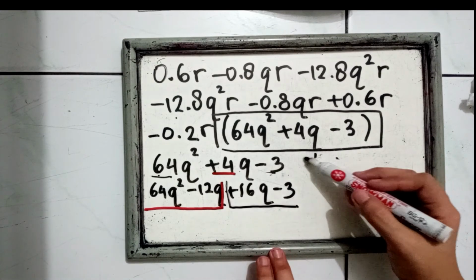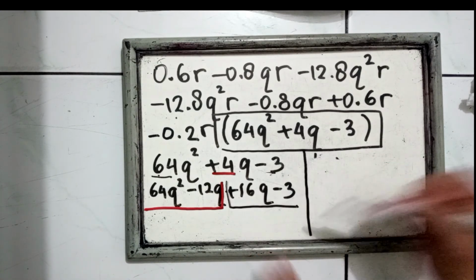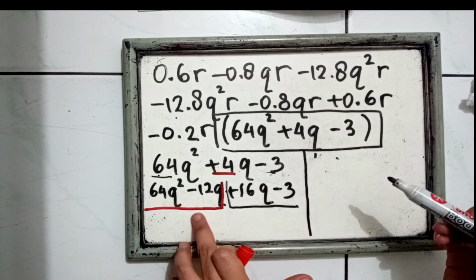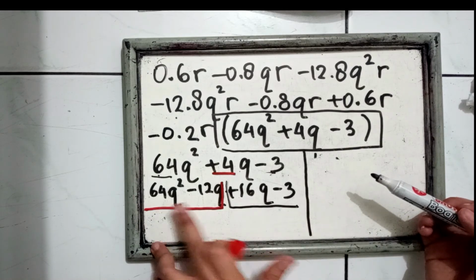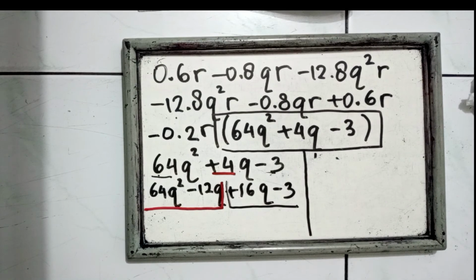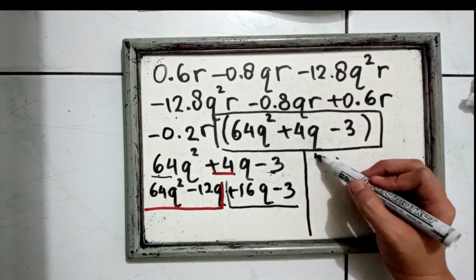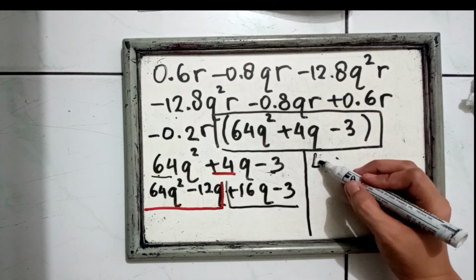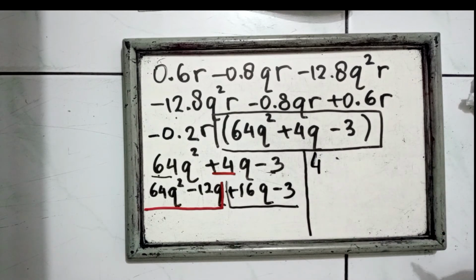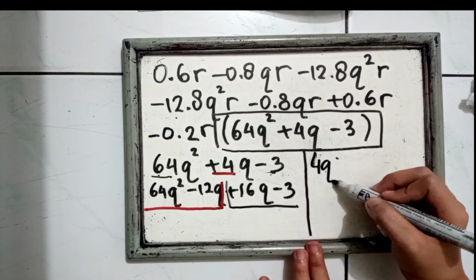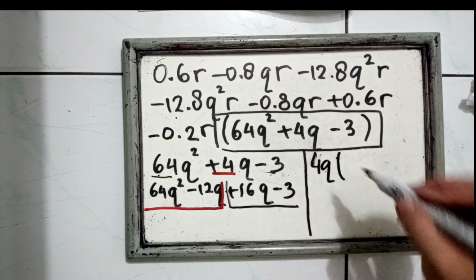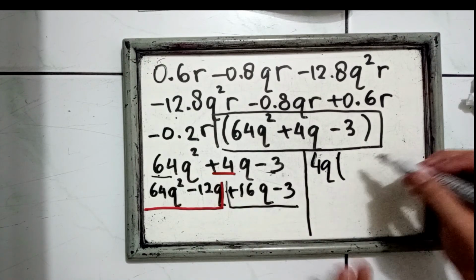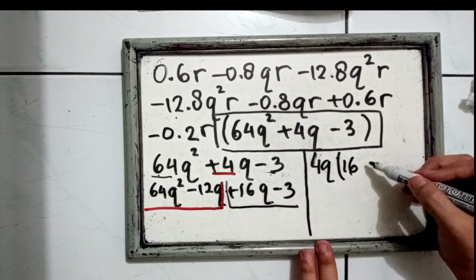Okay, so 64 and 12, q and q, of course. And then what is the common factor of 64 and 12? It can be 4, isn't it? Yeah, we take 4, so 4q. Now 4 times how many become 64 times 16q.